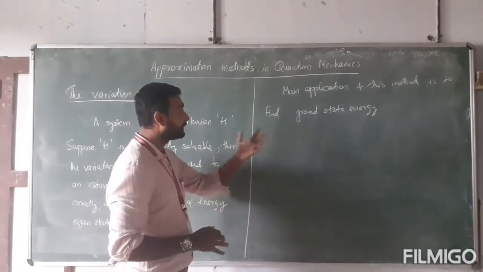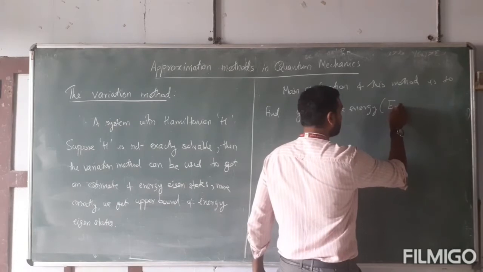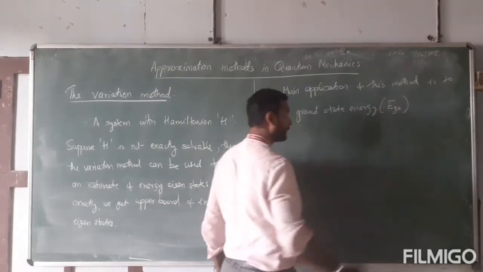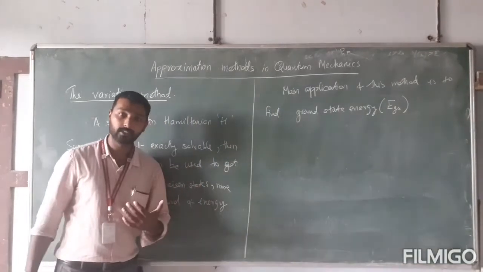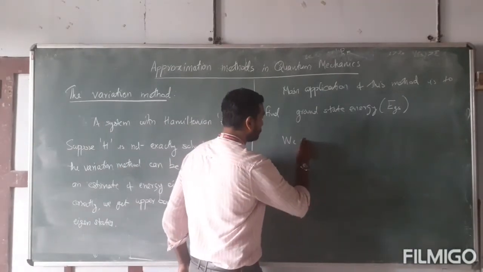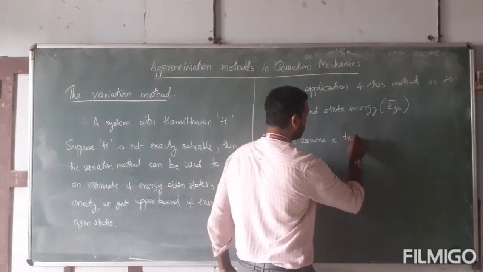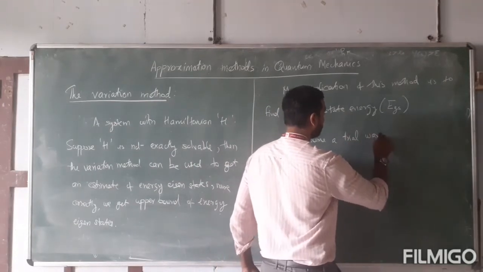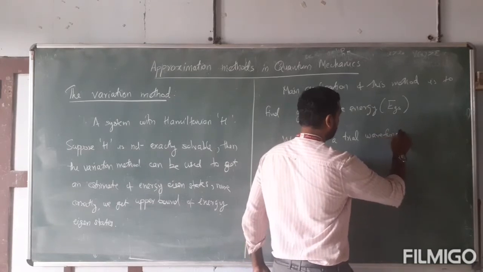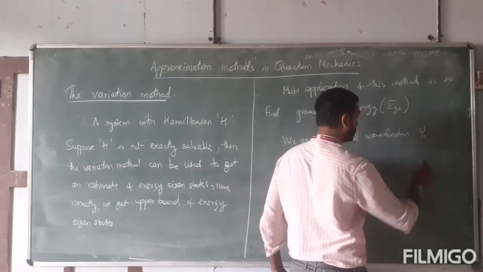So the method is, first we assume a trial wave function. In order to find the ground state energy, better I will put E_GS for the ground state energy. So first we assume a trial wave function, psi 0.